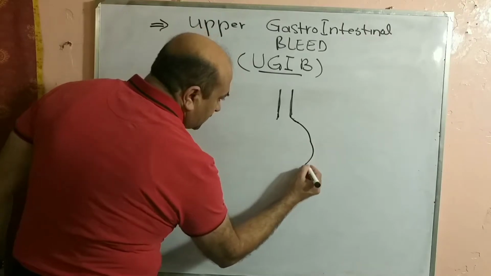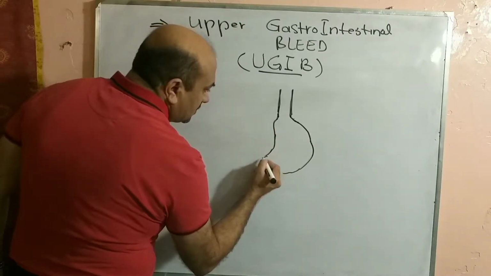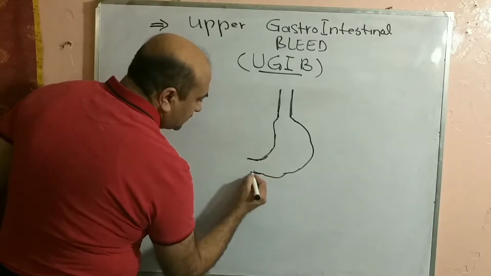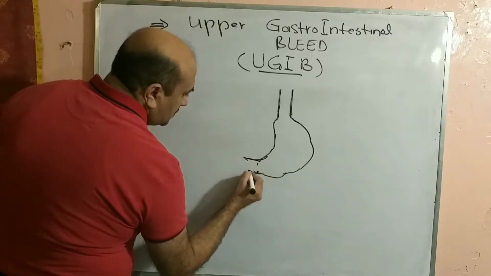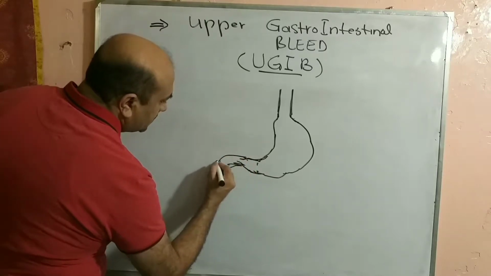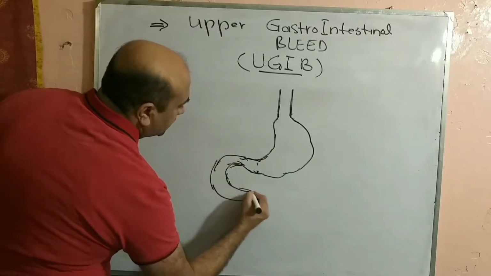So this is the stomach. And then starts the duodenum: first part, second part, and the third part.